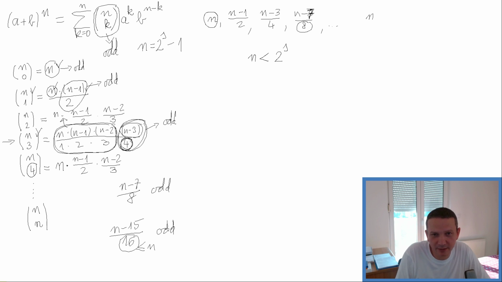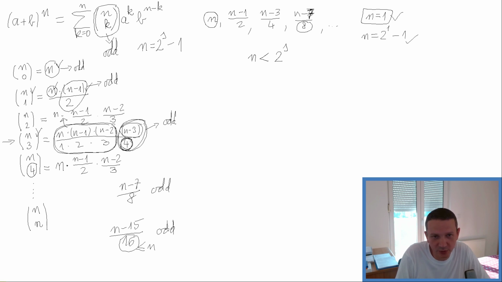Actually, if n is equal to 1, then n is actually 2 to the power of 1 minus 1. So n equal to 1 satisfies the desired expression. So we can assume that 2 to the power of s is not 1, that s is not 0.